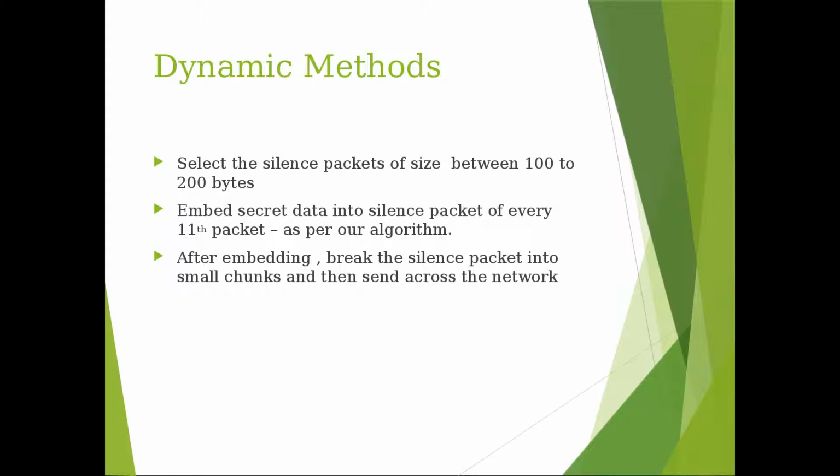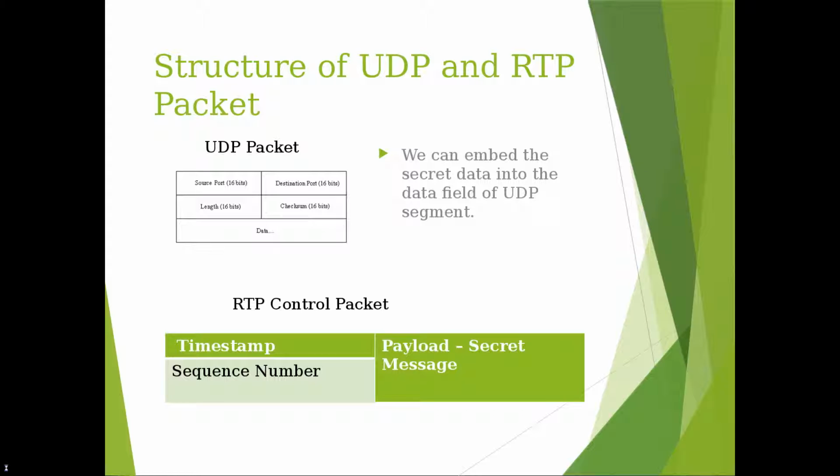In this dynamic method, the actual Skype packets are 700 to 800 bytes, but the silence packets are of size 100 to 200. So every 11th packet, as per our algorithm, which can be changed at the time of deploying this application, we embed the secret information into those silence packets, which are then broken into small chunks and sent across the network.